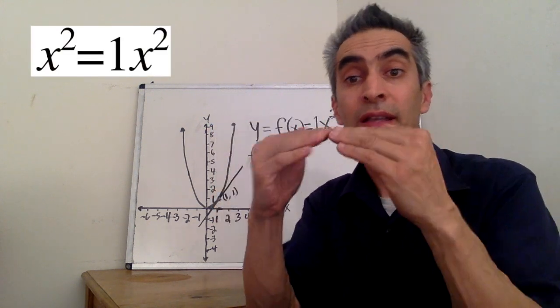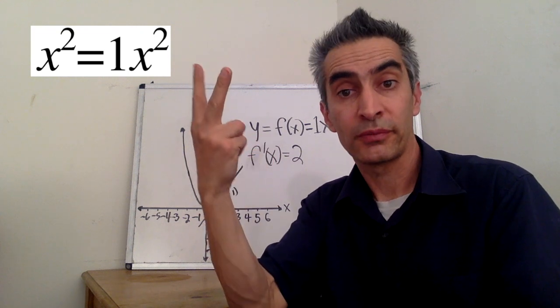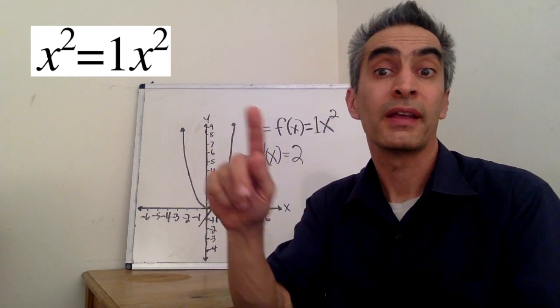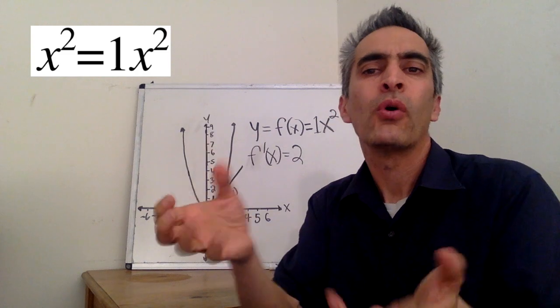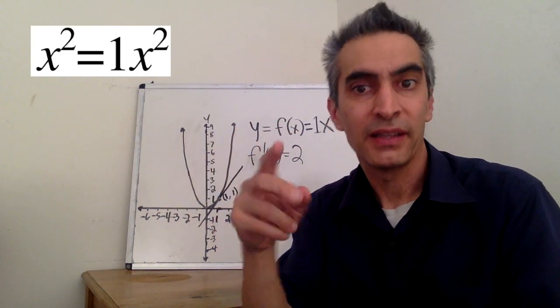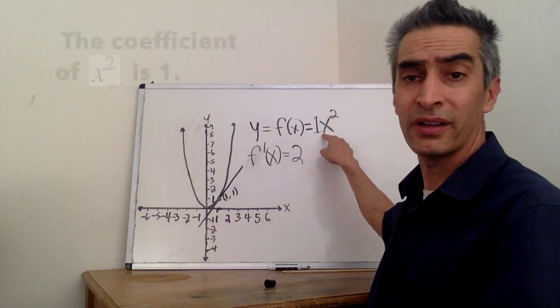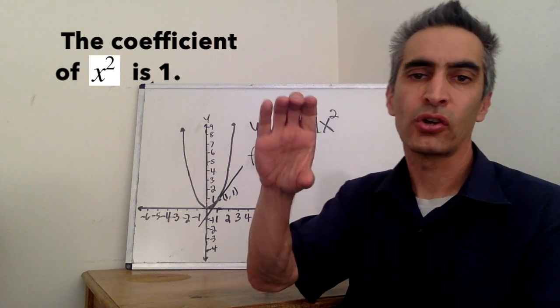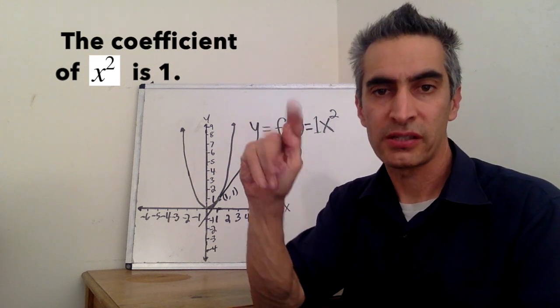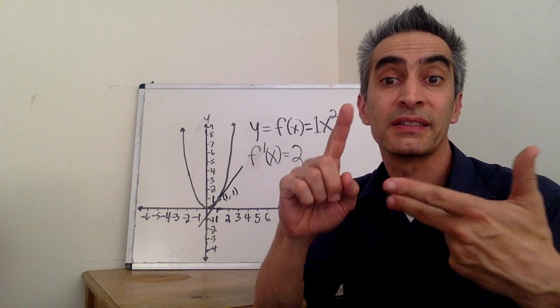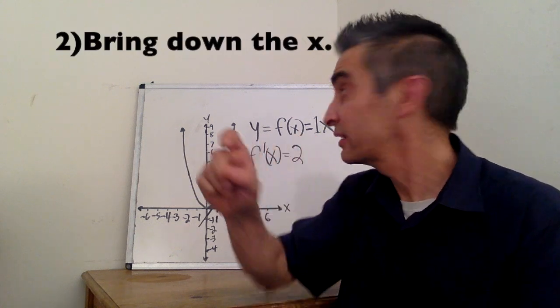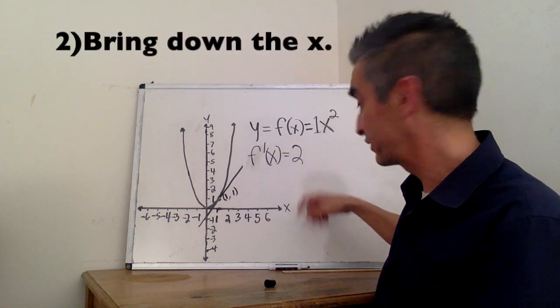Notice that x squared equals 1x squared. I wrote 1x squared because I wanted all of you to see that this 1 over here is the coefficient. Second, bring down the x.